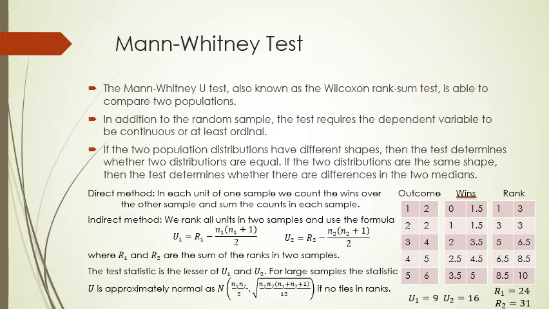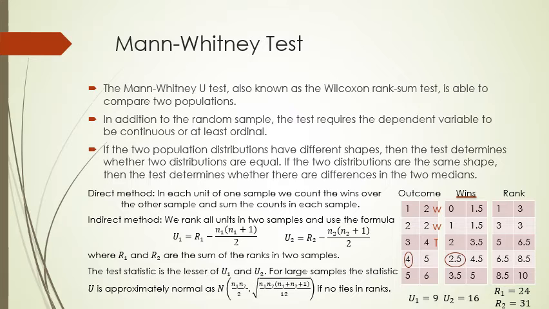Ties are counted as 0.5 win. For example, 4 in sample 1 has 2 wins and 1 tie. Thus, it has a count of 2.5 wins. The sum is U1 and U2. Here we have U1 is 9 and U2 is 16.